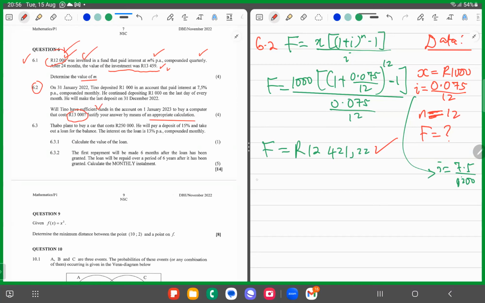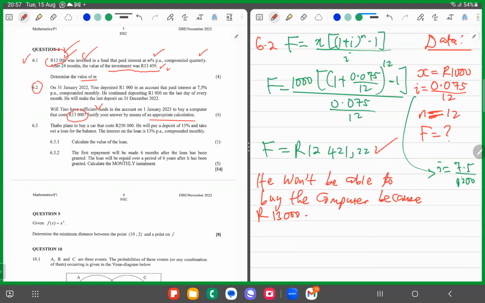Sorry, he won't. He won't be able to buy the computer because 13,000 minus 12,421 rand and 22 cents is actually 578.78.